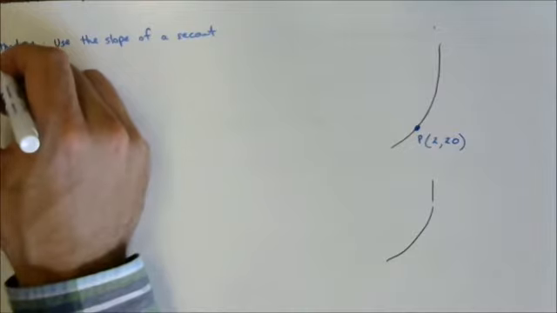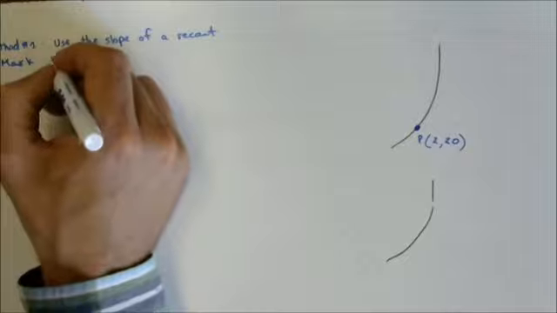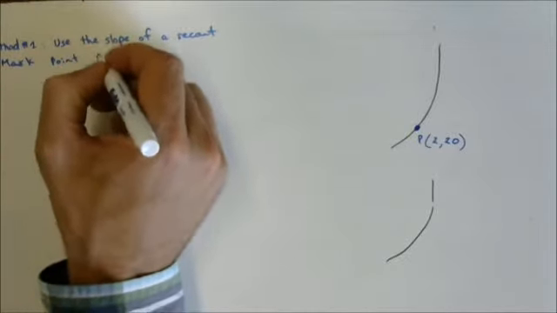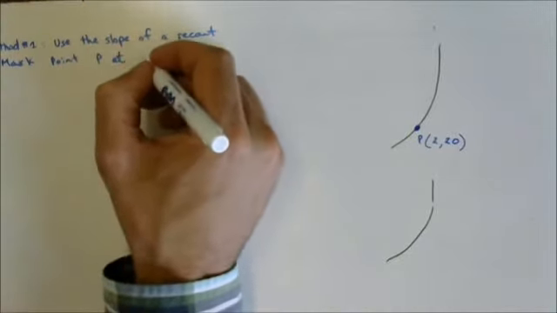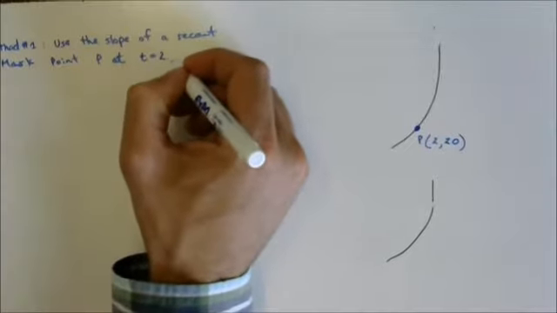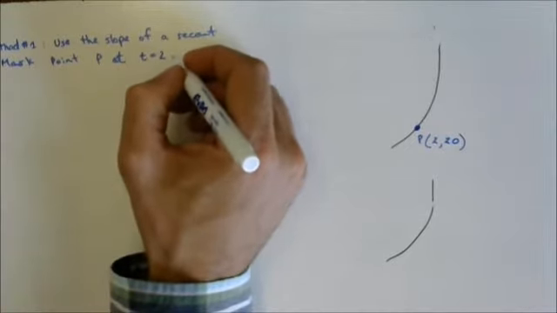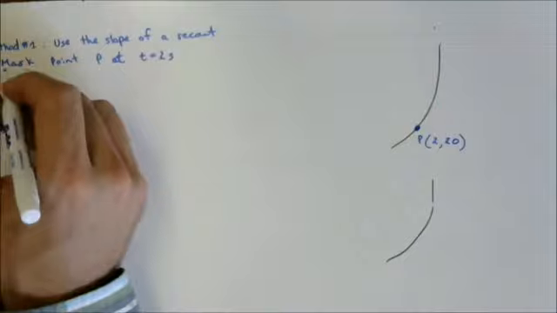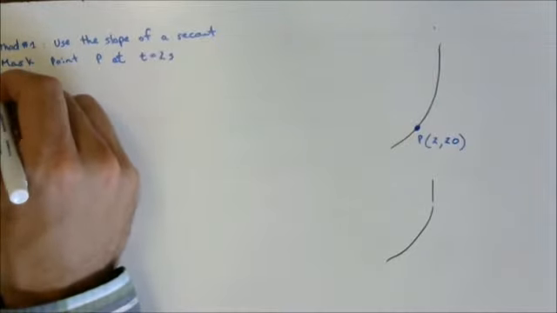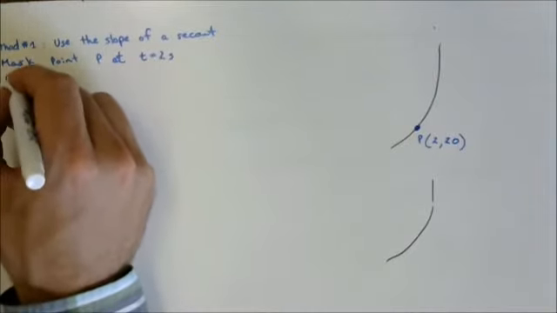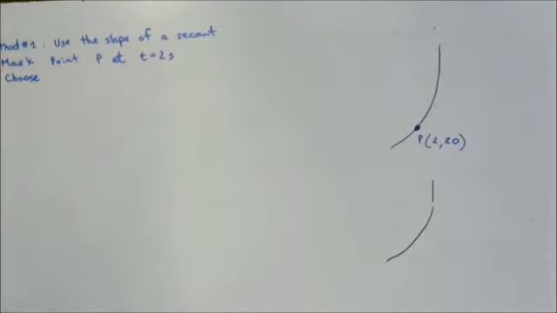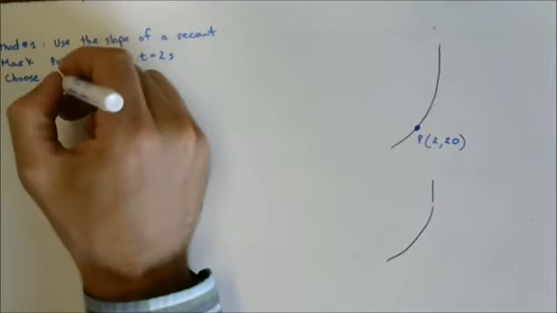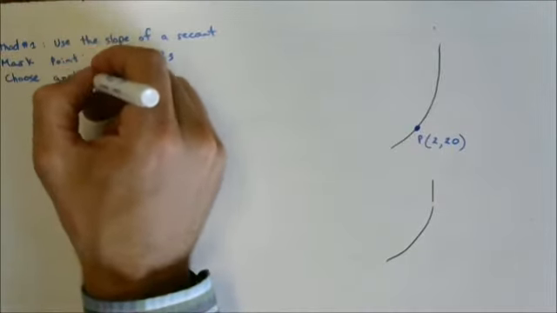So we are going to mark point P at t equals 2, time equals 2 seconds. Then we're going to choose another point on the curve.